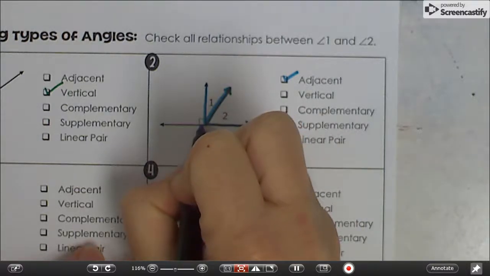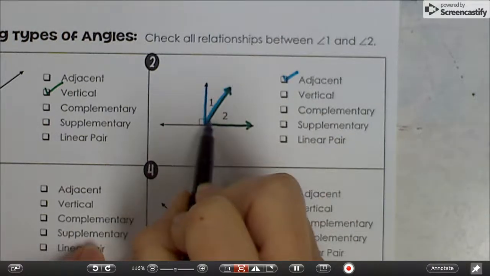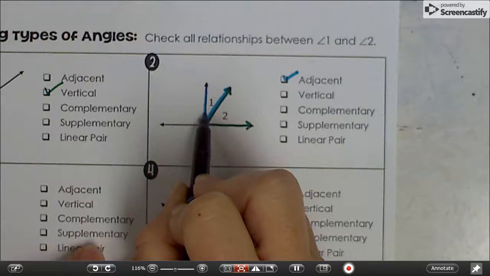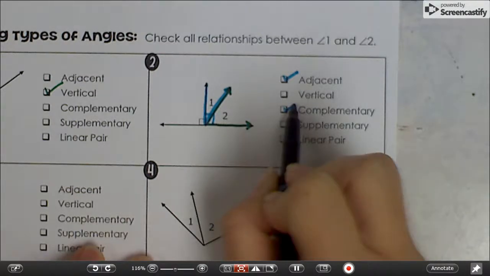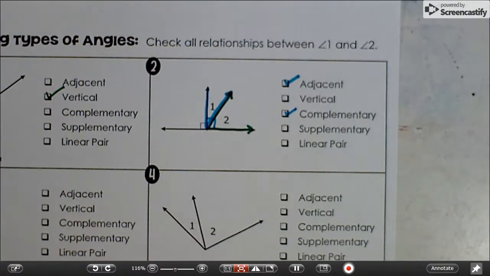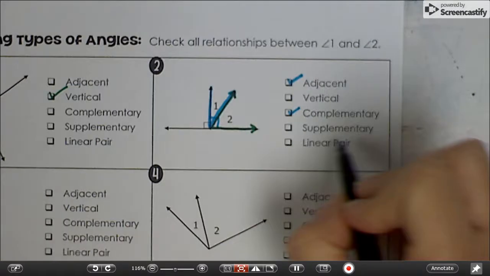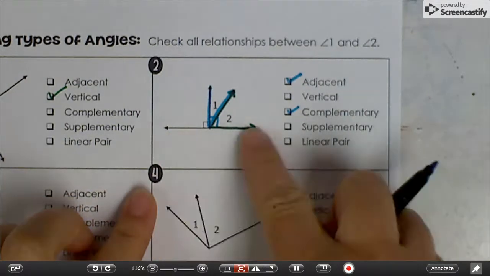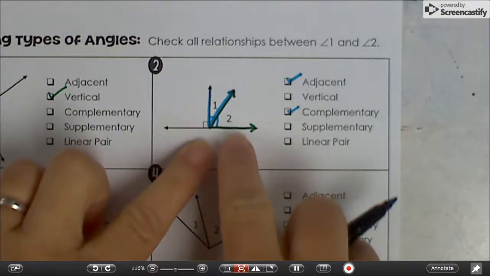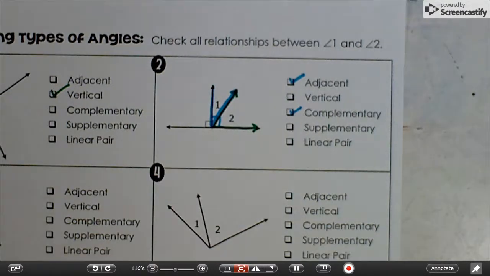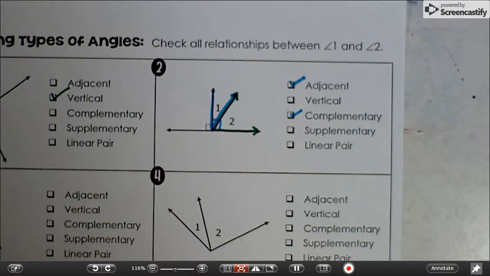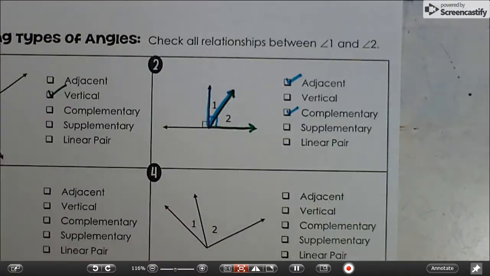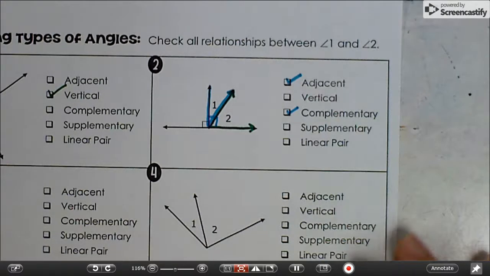Since the box is on this side, it has to be on this side as well. So you could draw it if you wanted. They are complementary because those two angles add up to 90 degrees. They are not supplementary, and they're not a linear pair. Even though you see the straight line, the linear pair has to equal the straight line, and this one doesn't. It's a little blurry to me. Hopefully that's better.